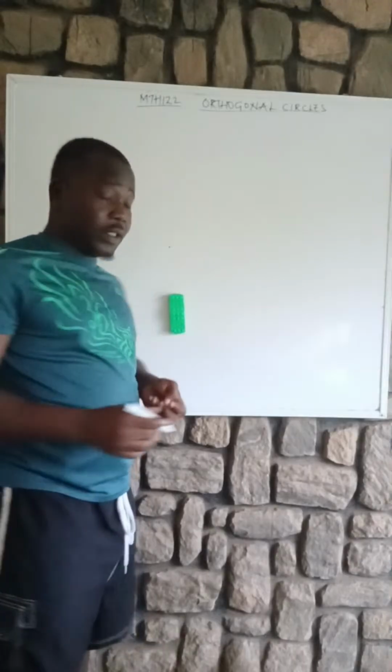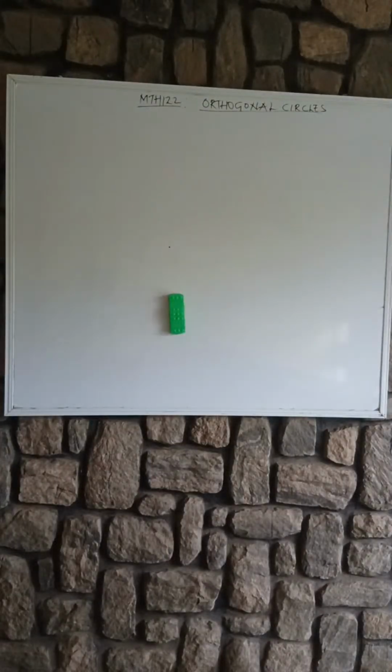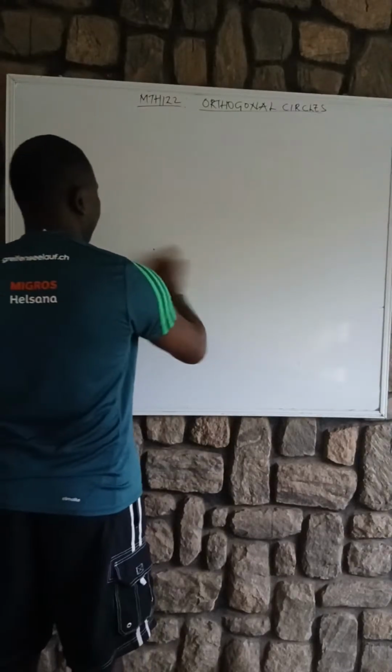Let's look at what I was trying to explain. Two circles that intersect at a right angle, we refer to them as orthogonal circles. Is that clear? So let's have a sketch.